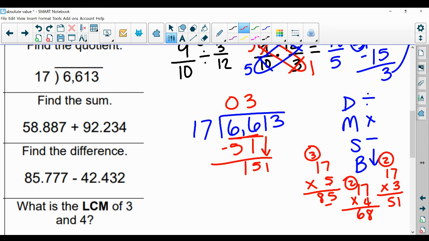So I'm going to bump it up, and I'm going to try 17 times 7. 7 times 7 is 49. 7 times 1 is 7, plus 4 is 7, 8, 9, 10, 11, 119. I'm still a good bit away. So I'm going to bump it up even more, and I'm going to try 17 times 9. Now 9 times 7 is 63. 9 times 1 is 9, plus 6 is 15.